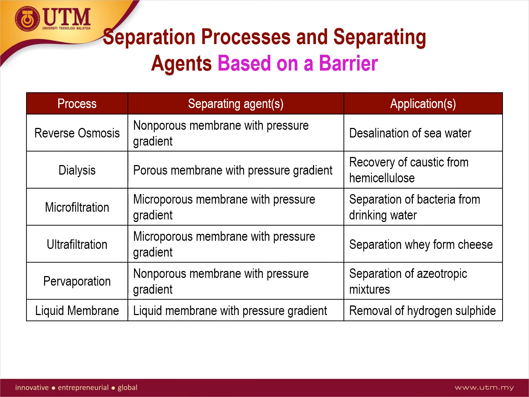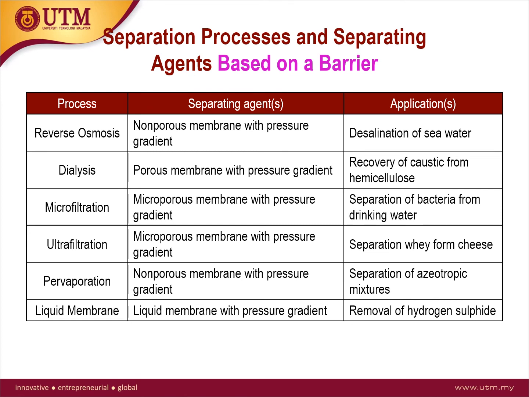Then microfiltration and ultrafiltration apply a microporous membrane with pressure gradient as a mass separating agent, to separate bacteria from drinking water for microfiltration, and to separate whey from cheese for ultrafiltration.